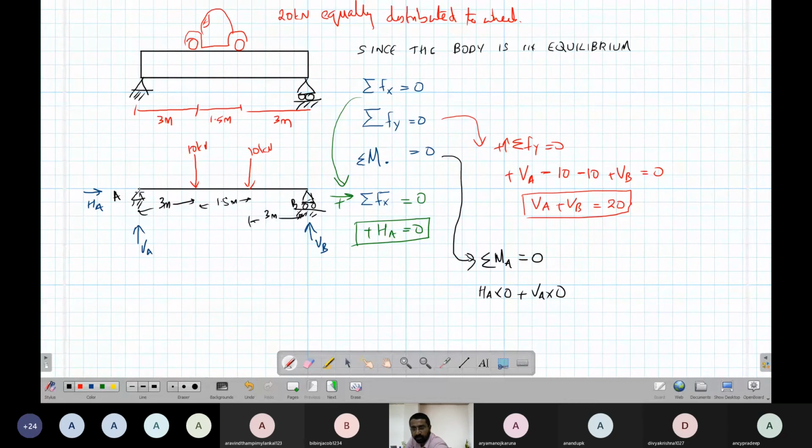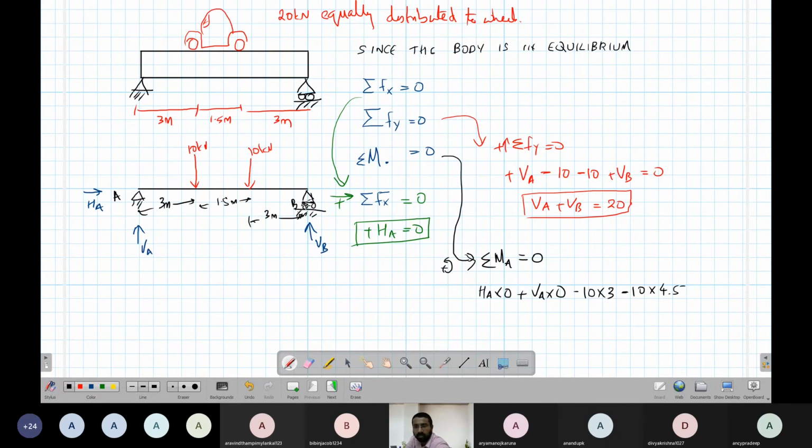VA into distance 0 because it is passing through A. Again, what is the sign convention? Anti-clockwise positive. Now 10 into 3, which is rotating in clockwise direction, so minus 10 times 3. Now 3 plus 1.5, 4.5, so 10 into 4.5. It is also trying to rotate in clockwise direction, so minus.